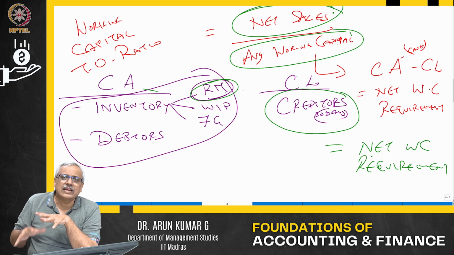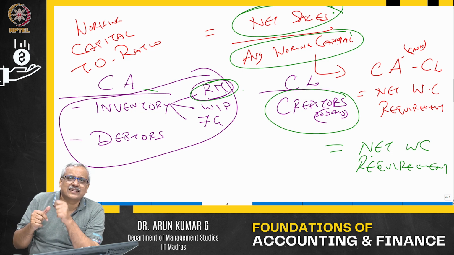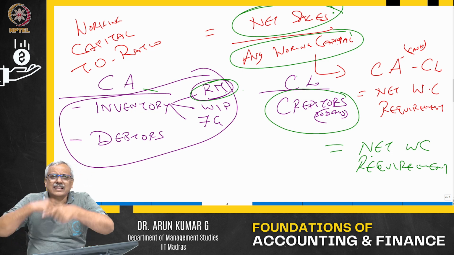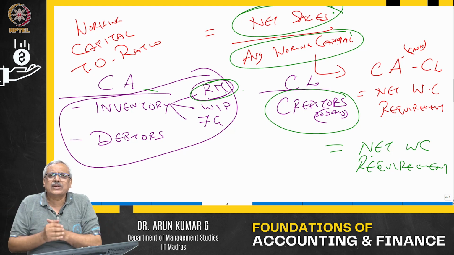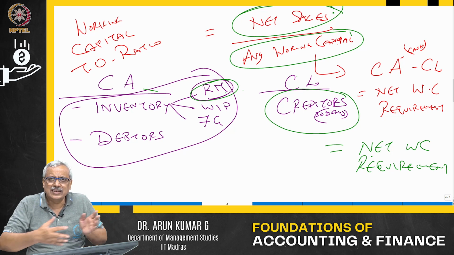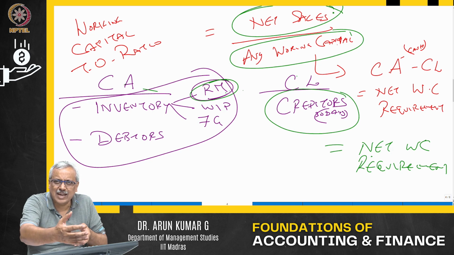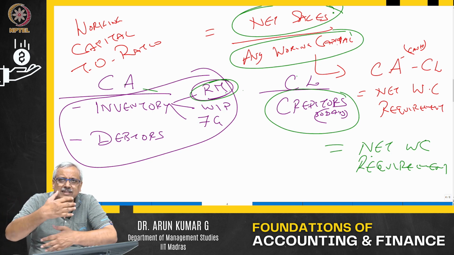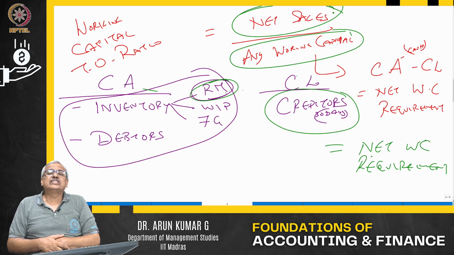The debtors are stuck, the inventory is stuck. Whereas if your sales is some 100 times your working capital, that means there is a fast churn, there is a rotation, there is continuously collection happening, and continuously payment happening to your creditors. So, working capital is getting churned out more often.